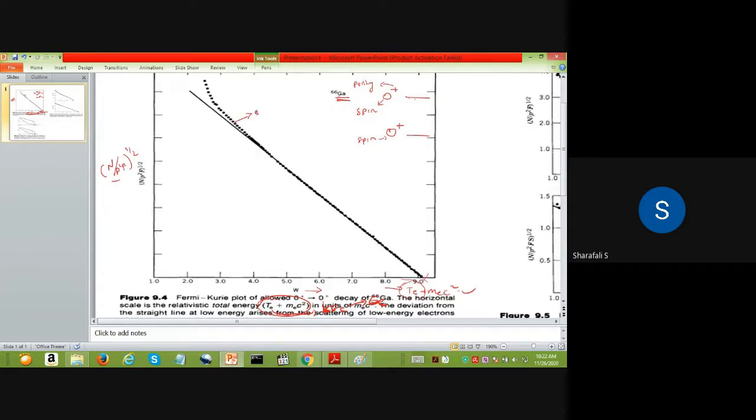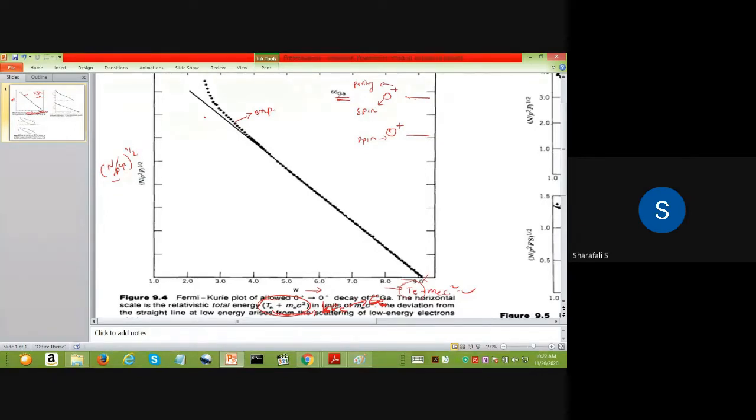line. This is the experimental result. Okay, then we can fit that, and you can get a straight line. So which means that in this particular nuclear beta decay process, we have this relation between the square root of N by p square F versus kinetic energy, which is given as a straight line.